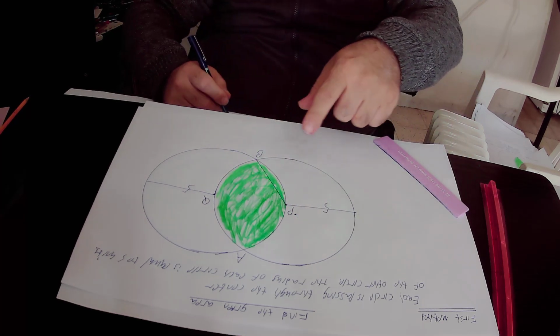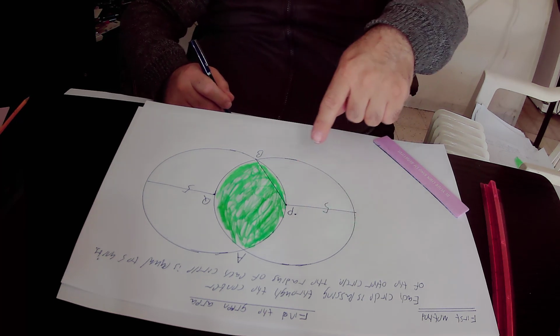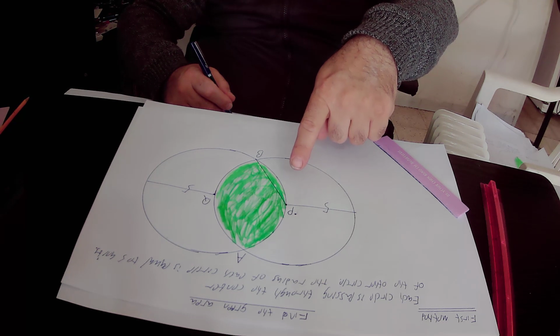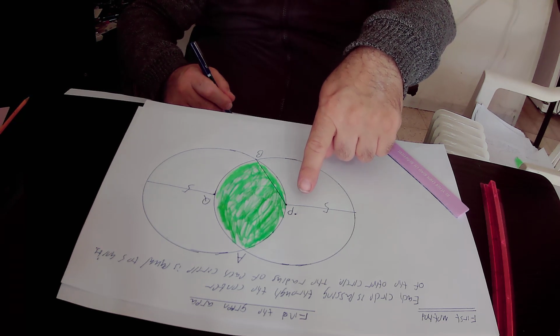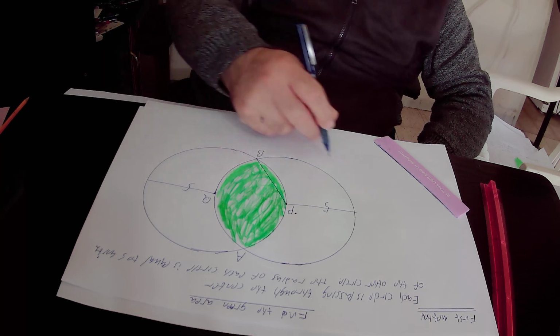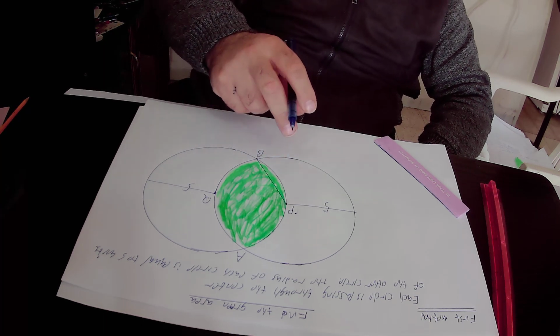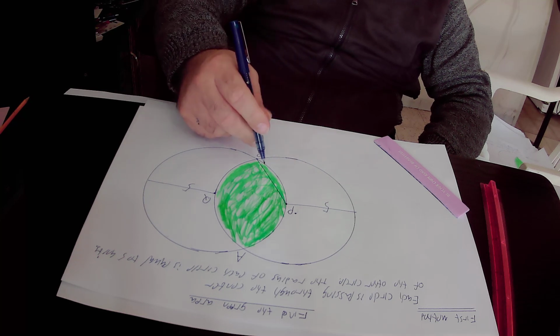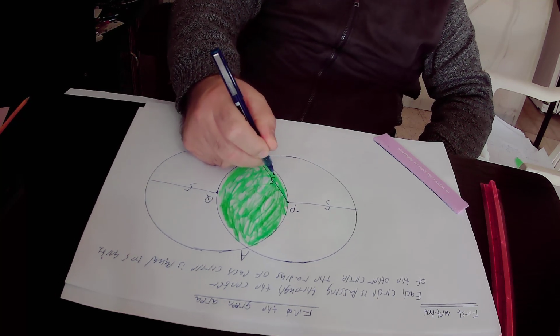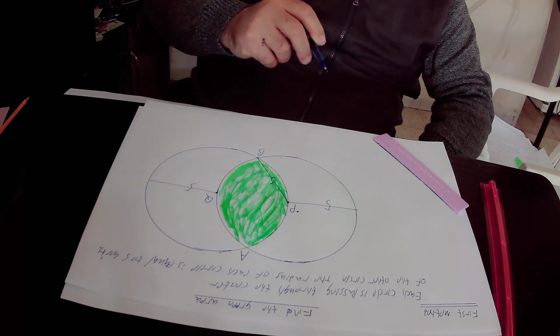Line segment PB is the radius of this circle because it starts from point P, that is the center of this circle, and ends at point B, that is a point on this circle itself. Therefore, it equals 5 units.